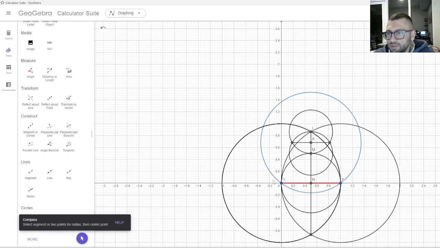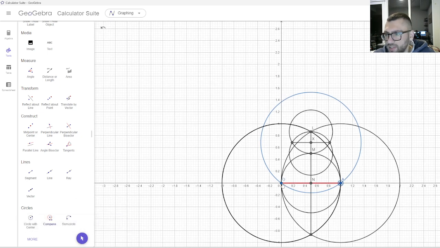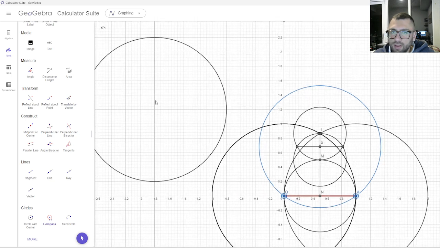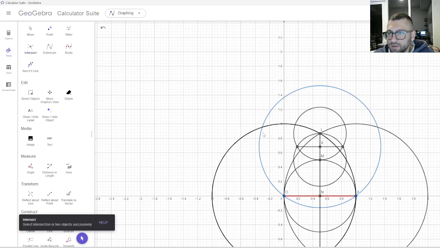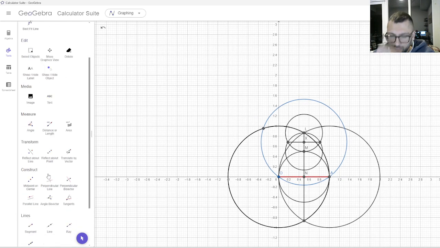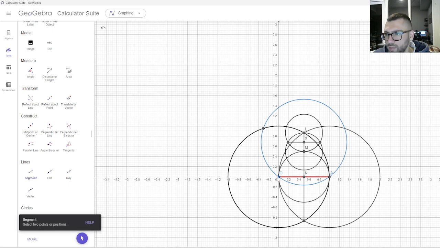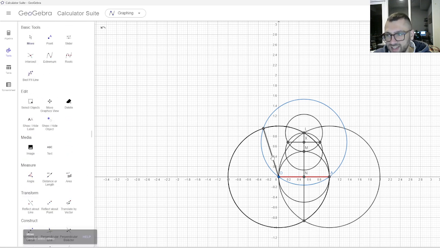I did a circle centered at O of radius up to A. So A is the outside point. I did that, and then I find the intersection between that circle and the blue, and I've got a point. Then I draw a line segment from O to that point. Okay, there's our second side, right?